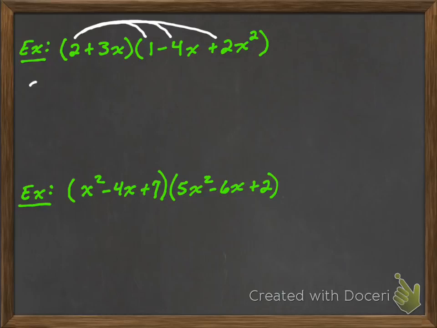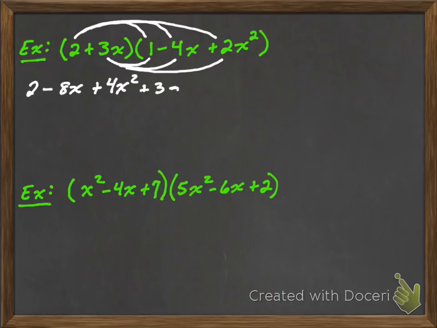All right, so starting with the 2, 2 times the 1, 2 times the negative 4x, and then 2 times the 2x squared. Now we move on to the 3x and multiply it by each of the terms. So you get 3x minus 12x squared plus 6x cubed.